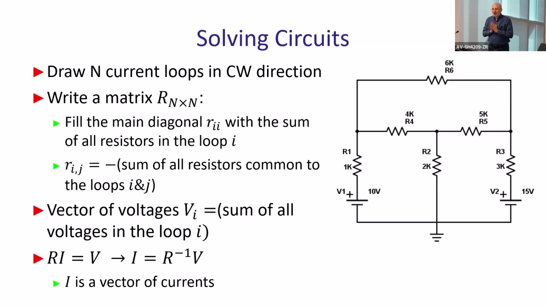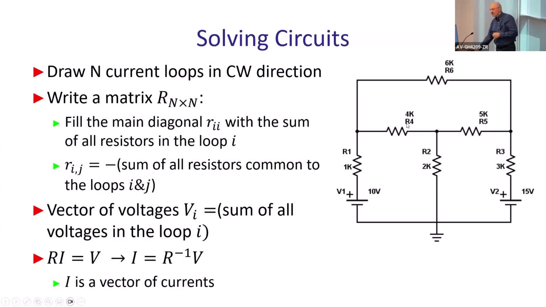Okay. On the off-diagonal between I, J, where I is not equal to J, what you do is minus, which is negative, the sum of all resistances which are common to I and J loops. So if they have some resistance which is common to both loops, like for example, that resistor, okay, it's common to that loop and to that loop.